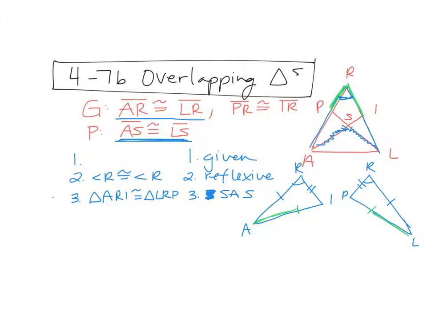So instead, you have to move on to two different triangles to get to that point. If you look at these two triangles up top here, we're going to redraw those now.